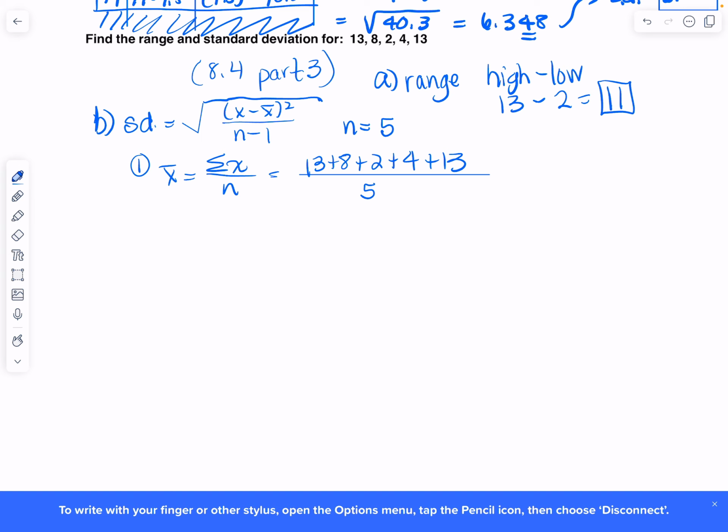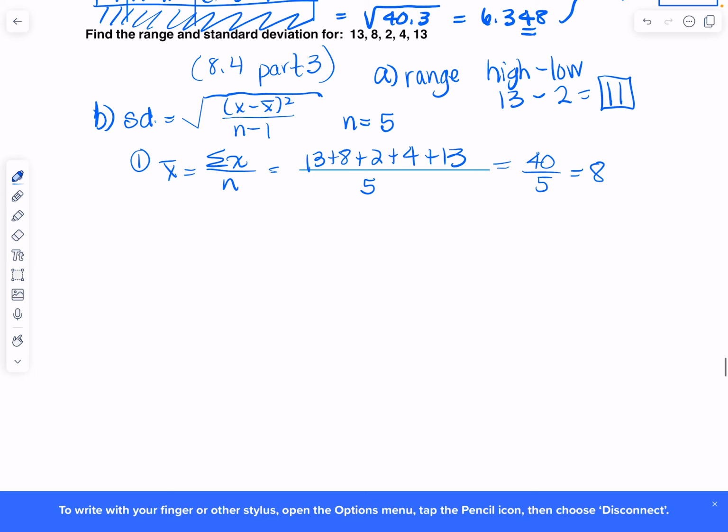So on my calculator, I'm going to add 13 plus 8 plus 2 plus 4 plus 13. And I'm double checking to make sure I entered everything in right really quick, and it looks good. So when I add those all up, I get 40, and I'm going to divide that by 5. So the standard deviation actually works out really nice, because 40 divided by 5 is 8. Okay, so the mean is 8.